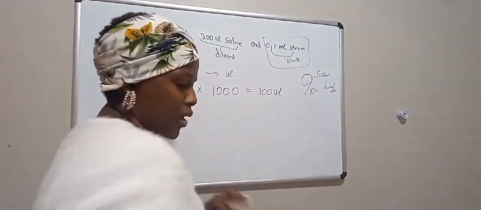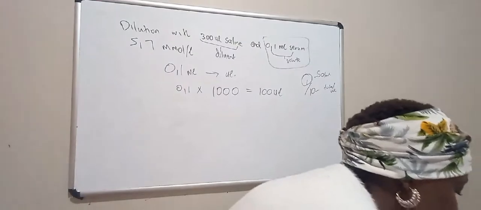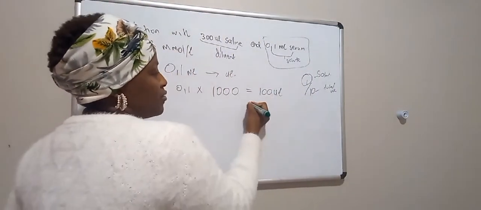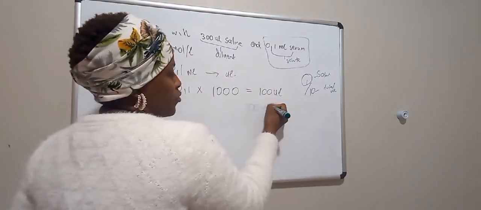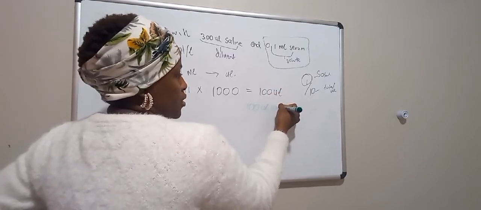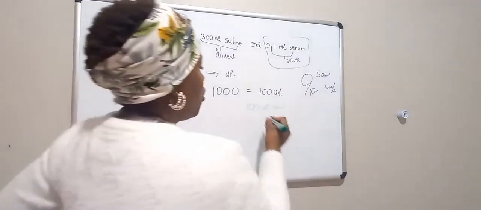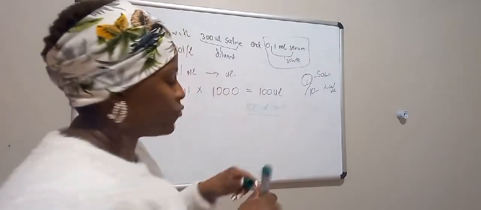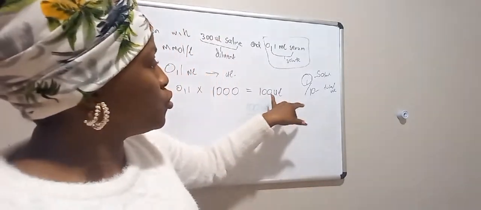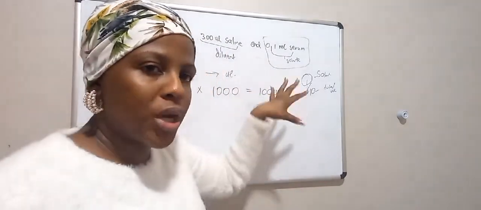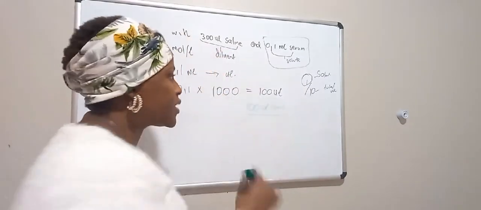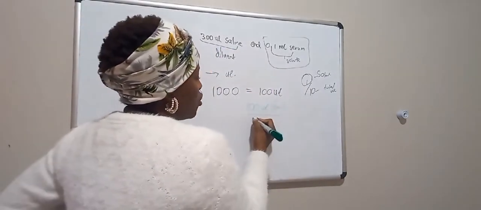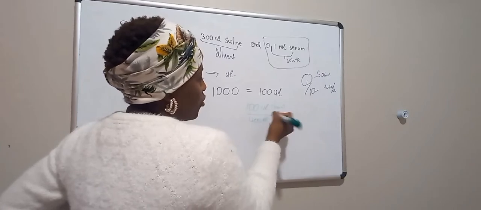We're going to have 100 microliters, which is your serum, over the total volume. You mix the volume of your serum as well as your volume of your diluent, and the total volume gives you 400 microliters.